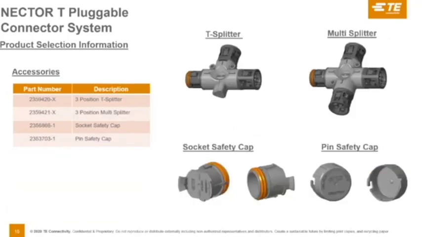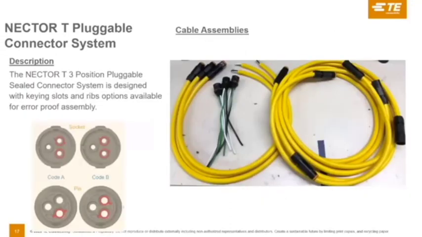Couple that with the T-splitter and the multi-splitter, these come fully assembled by TE, so one SKU purchase item per part number, as well as the safety caps that are available. So once again, with the well-engineered, innovative design, TE has done a lot to make the assembly and integration of this product seamless in that type of application.